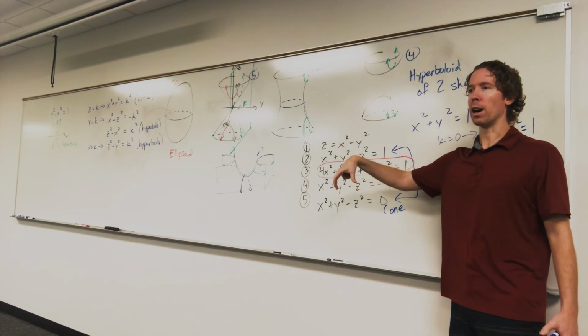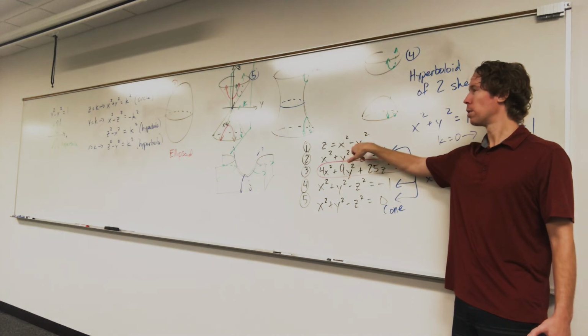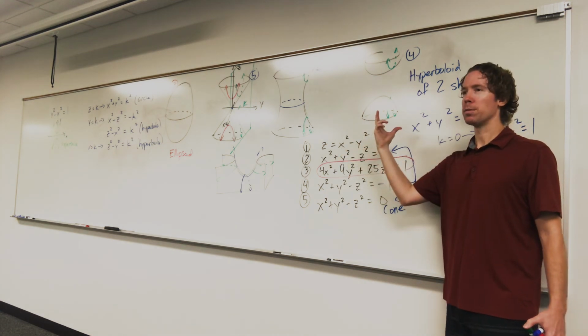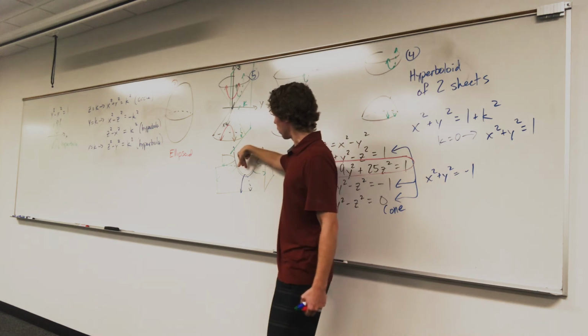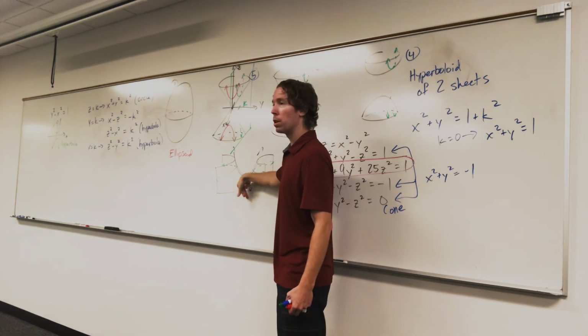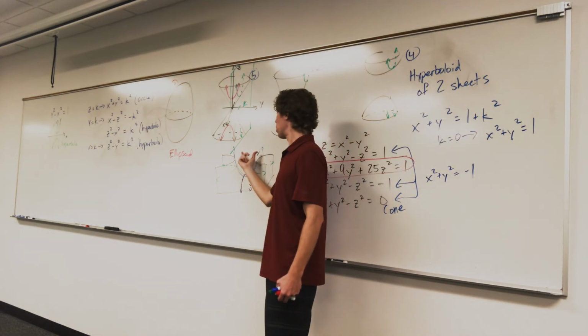It's a parabola opening down. If you plug in y equals 0, you get a parabola opening up. So you see that right here. If you plug in one direction, you get a parabola opening down. If you plug in another direction, you get a parabola opening up.